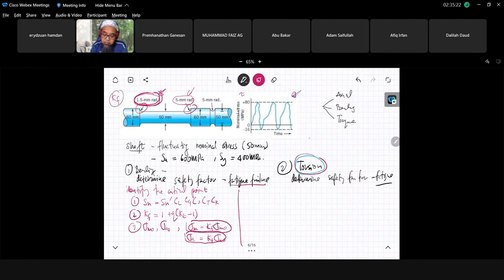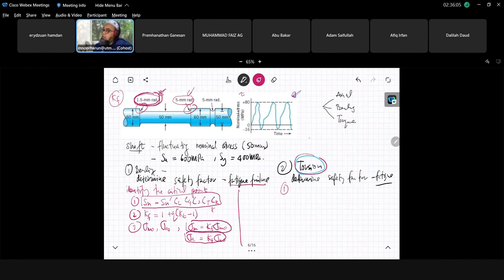So the same thing that you have to calculate, but it has different loading, right? The value is depending on the loading: bending, axial, and torsion. So you have to be careful taking the value from the torsion, same as the Kt.